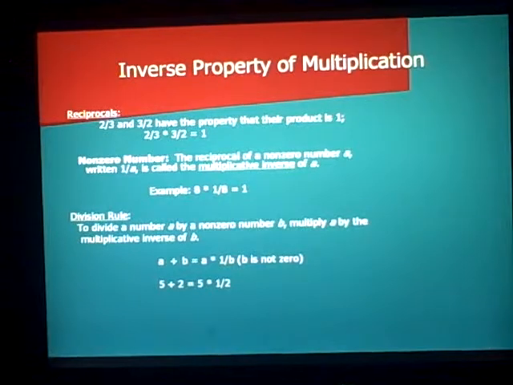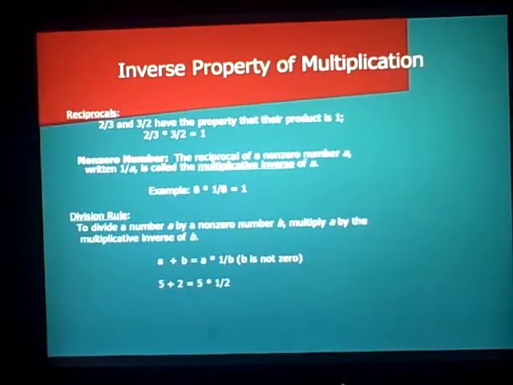To start off with, we're going to talk about the inverse property of multiplication. And before we talk about that, we have to understand a reciprocal. 2/3 and 3/2 have the property that their product is 1. That is, the two multiplied together equal 1. You'll see that the one is the inverse of the other.